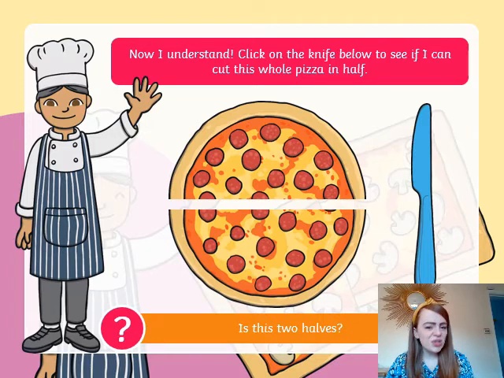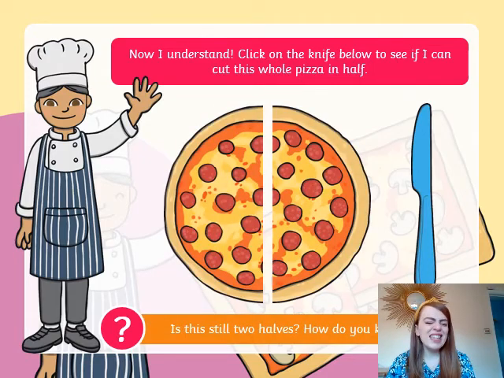Excellent. Is this 2 halves this time? Well, yeah, because he has cut the pizza into 2 equal parts, which means that both of the people who have ordered this pizza will get a piece of pizza that is the same size as the other person. This whole pizza has been cut fairly and equally into 2 parts.